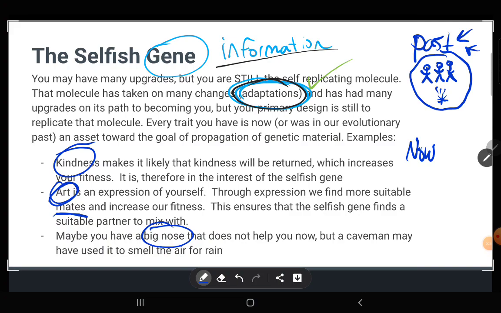Currently, we live in vast cities, and there are millions of people all around us. But we still have old genes, the old gene that persisted and survived. Those old genes are still in us, and they're still firing off selfishly, telling us that we need to be kind as a strategy for their survival.